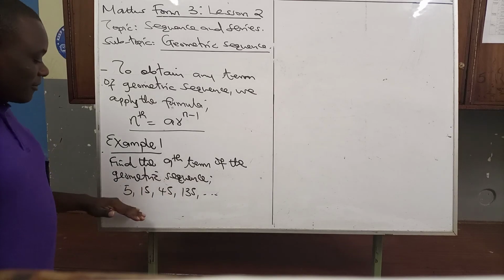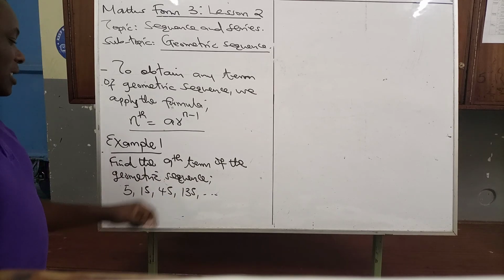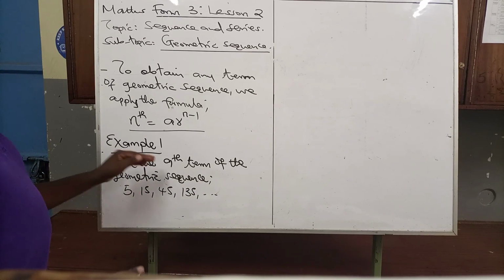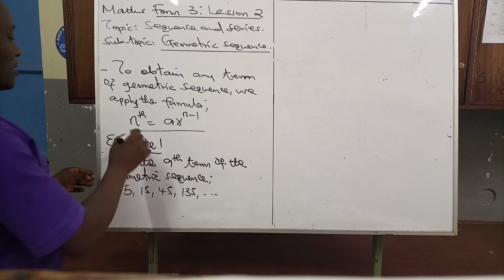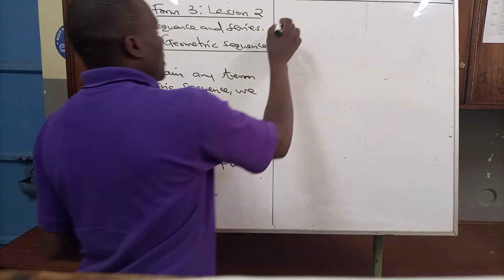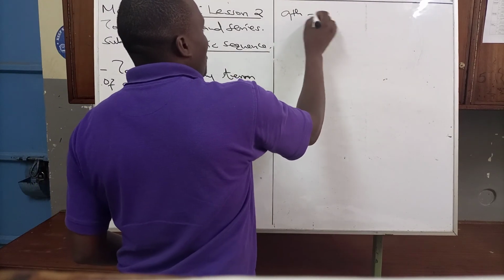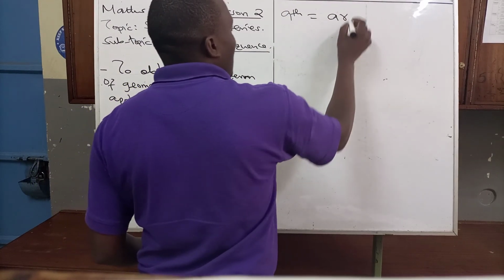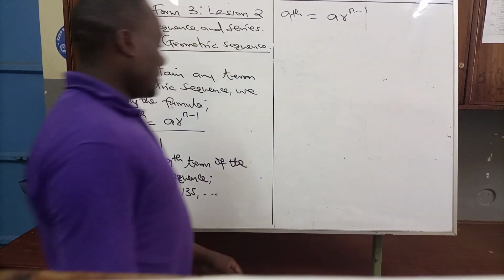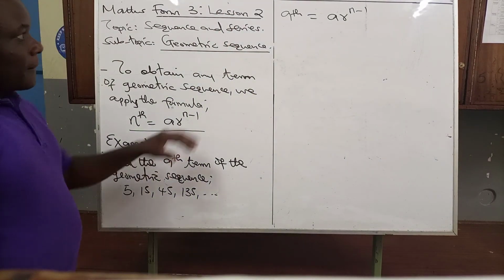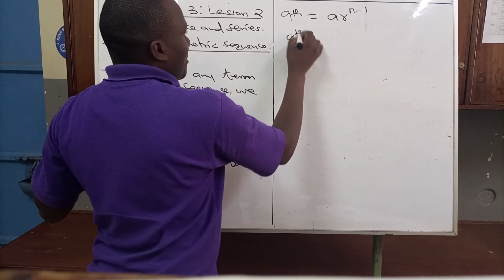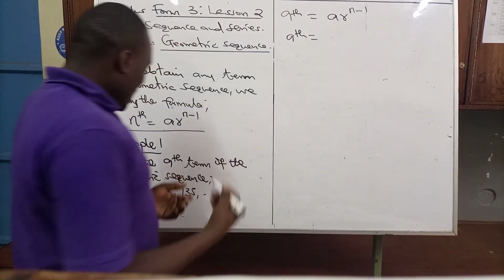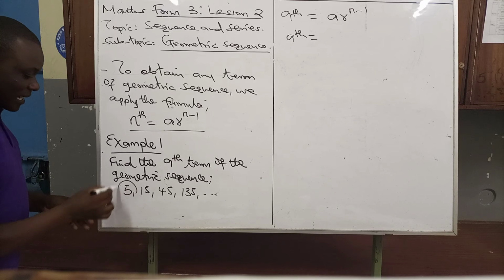So once you have been given the first 4 terms of the geometric sequence, can you obtain the 9th term of the same sequence? Yes, we will use this formula. Our 9th term will be a r raised to the power n minus 1. Because the 9th term is what we are looking for, our a will always be the first term of the sequence.